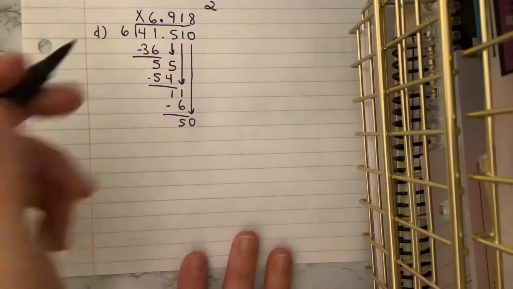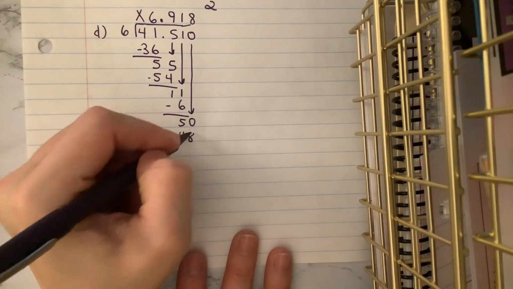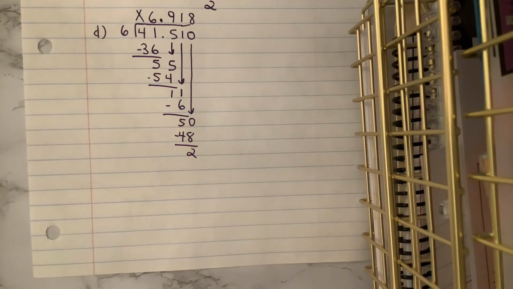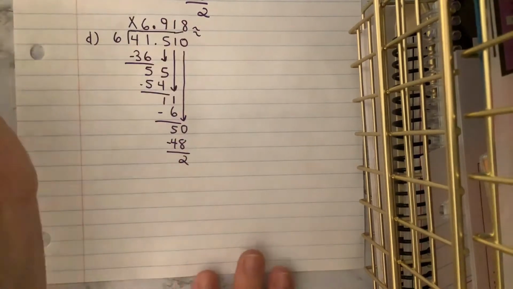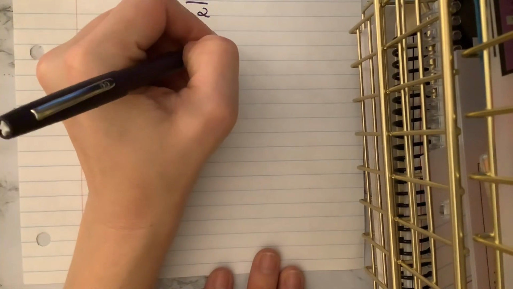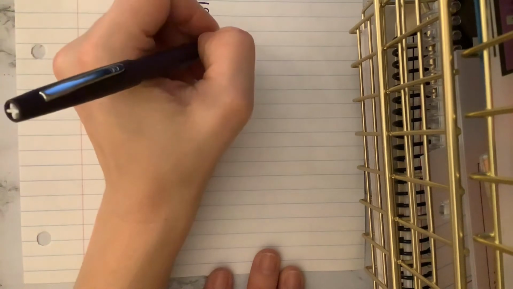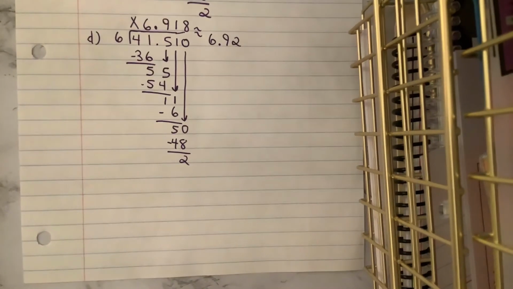And then bring down our 0. 6 goes into 50 8 times with a remainder of 2. And we stop there. We don't need to go any further. Now we want to go back and round our answer to the second decimal place. The 8 tells us to add 1 more, so we end up with 6 and 92 hundredths.